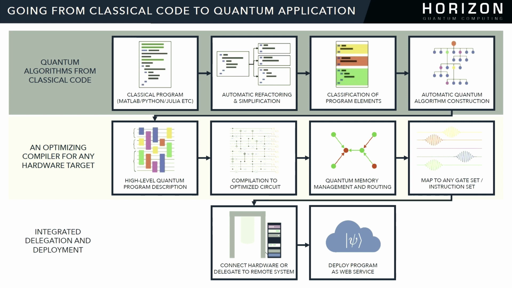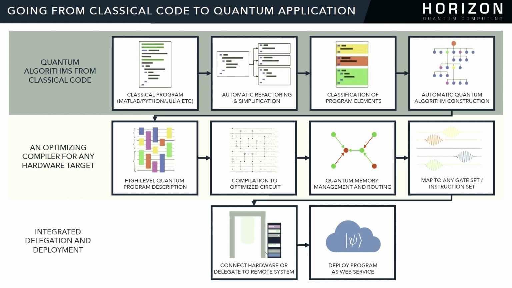And that hardware may not be today's hardware, but it may be future hardware, right? So the question is just, for us, can we build a system that can go from classical code all the way down to something that can do all of that mapping required to execute on hardware and back up?